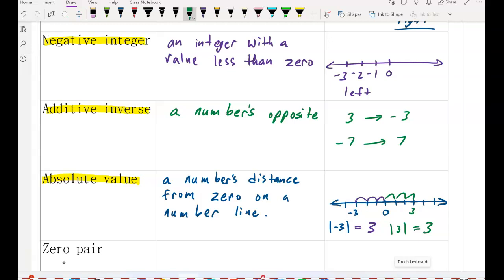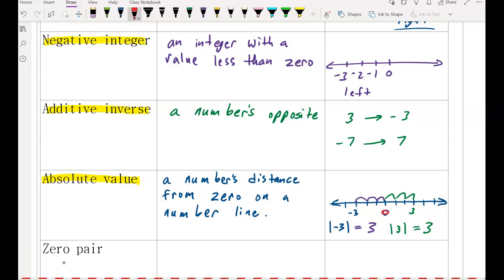Interesting. The absolute value of negative 3 is 3, and the absolute value of positive 3 is 3. Why is that? Well, because distance is always a positive number. So absolute value is always going to be a positive value. It's because it's how far is that number from 0, and 0 is the magic number.